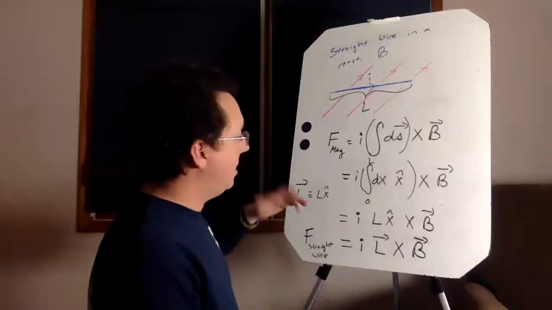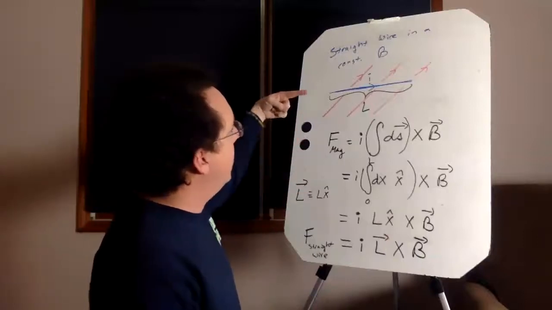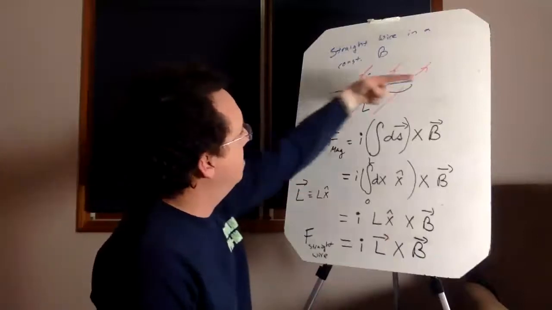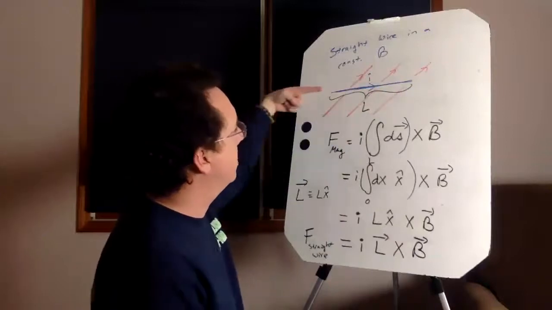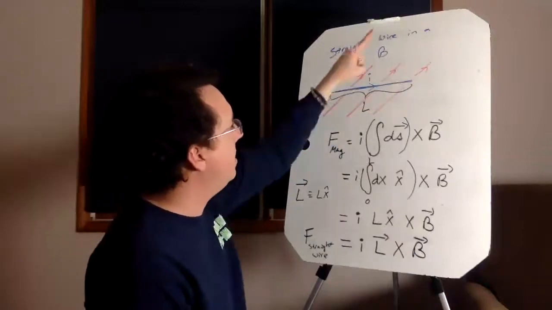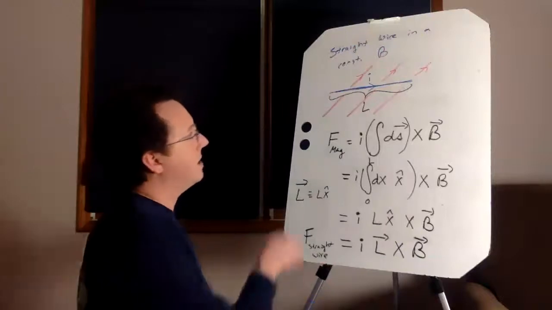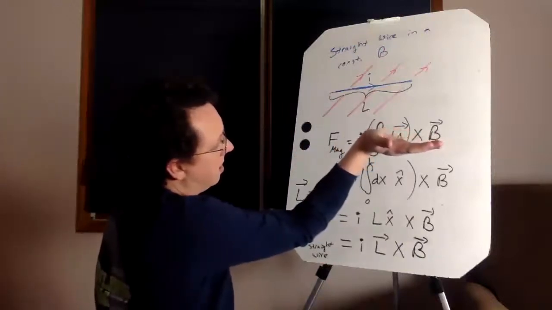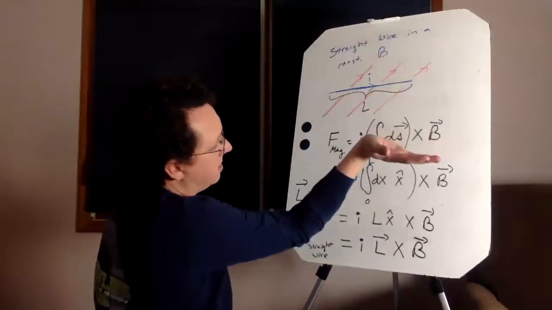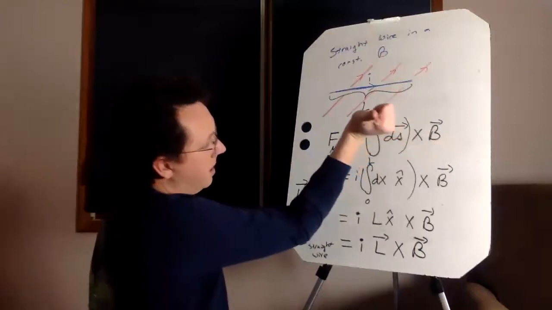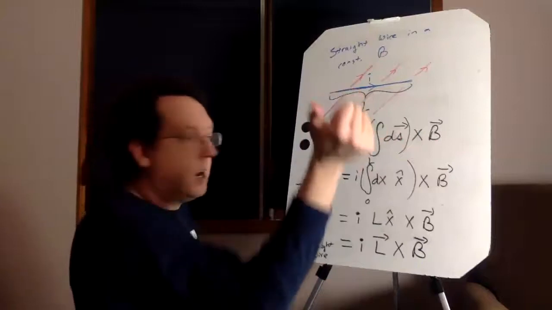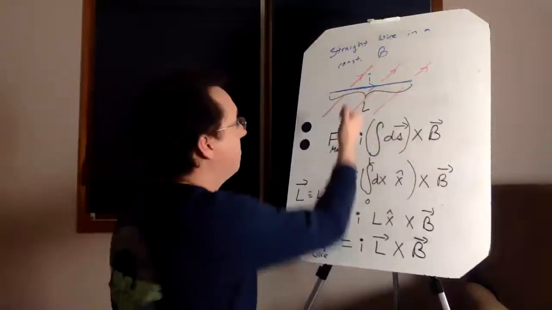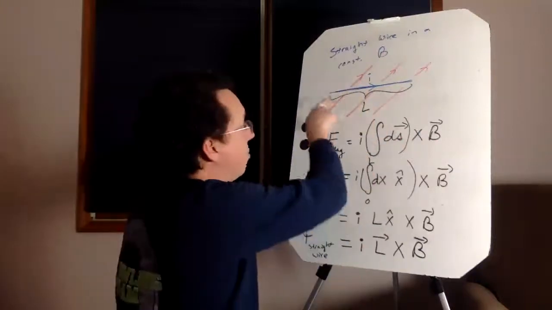So what does that mean? Let's think about it. L points along the current carrying wire, okay, so it's to the right, and B is going to be going up. So in this case, I would work out L, curl my fingers in the direction of B, and the force would be into your eye. So this would give us a force which is perpendicular.